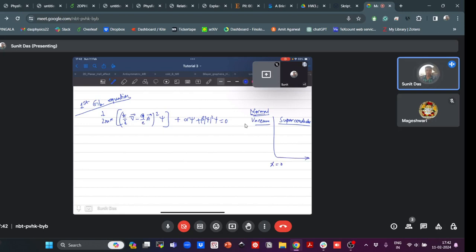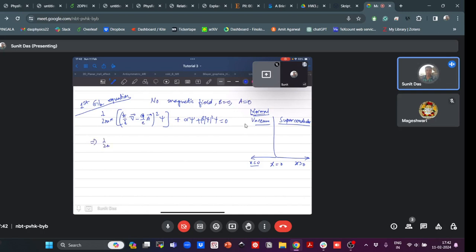This is x greater than 0, and this side is x less than 0. And we assume that there is no external magnetic field applied, that is B equal to 0 and A equal to 0.